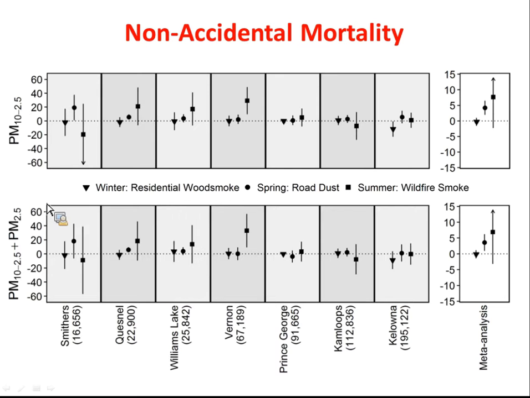So the coarse fraction, even when adjusted for the fine fraction, is significantly associated with increased mortality during the spring road dust season, not significantly associated during the summer forest fire season. But remember what I said earlier on, summer is also the time at which roads are dry.